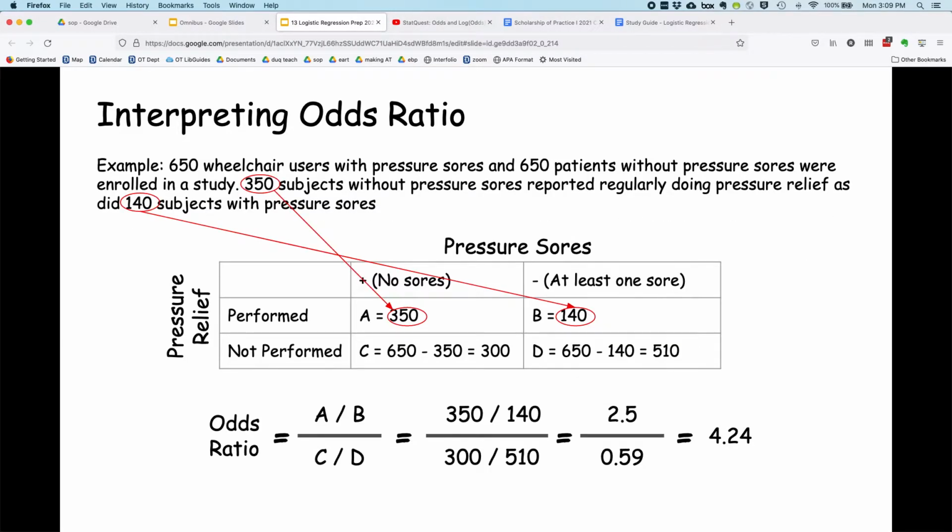So to be a little more concrete, imagine we're looking at wheelchair users who do pressure relief. These might be manual wheelchair users who regularly do a push-up every 15 minutes to make sure that they're changing the pressure distribution on their cushion, and whether or not these people develop pressure sores.